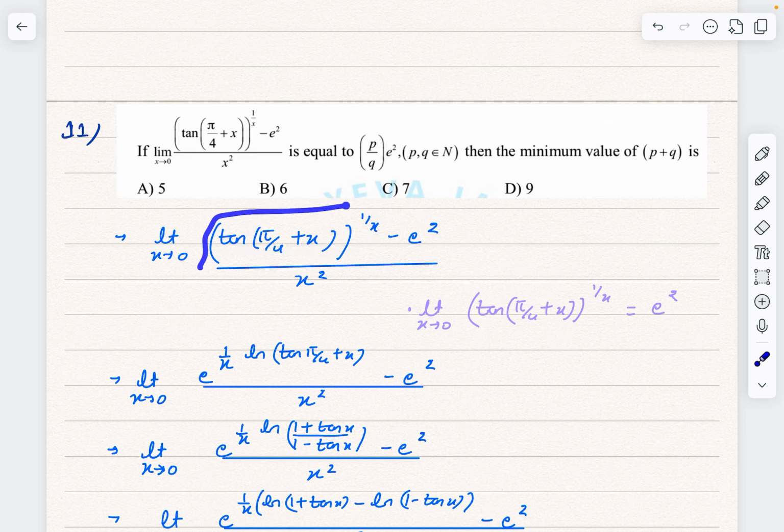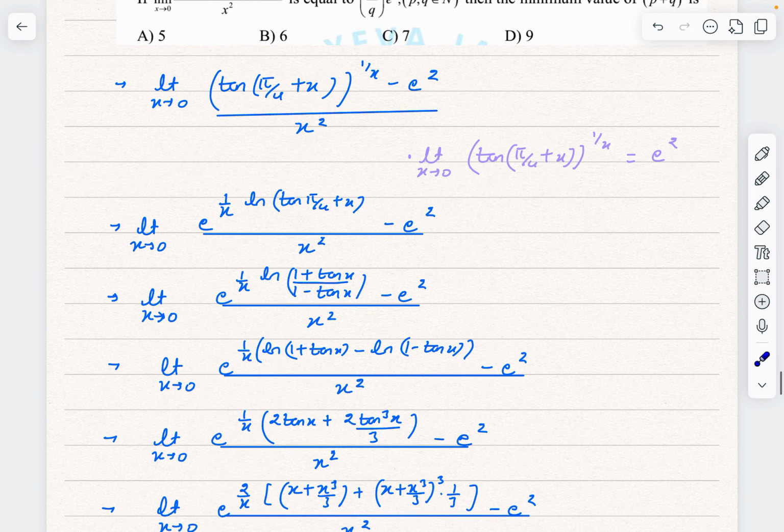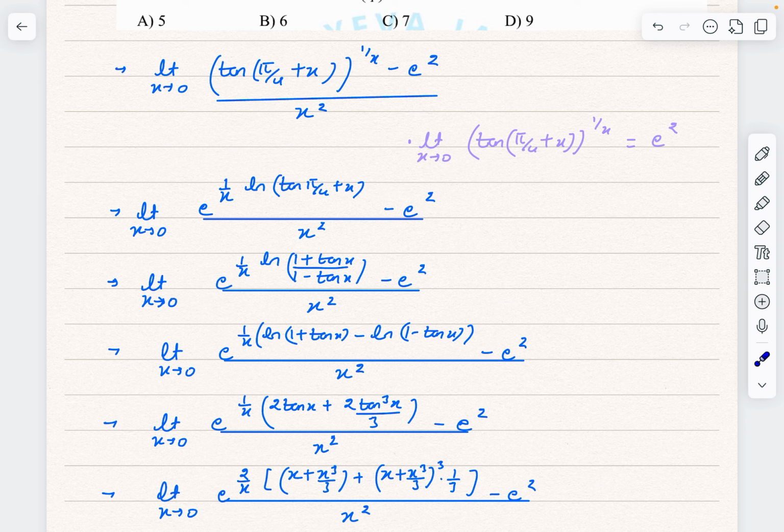So again, for a power function, I write it as e power b ln a. It's almost similar to the problem we discussed for the tan log (1 plus x) by (1 minus x). Here in place of x, we have tan x. So you get 1 by x ln of (1 plus tan x) by (1 minus tan x), minus e square, by x square. Again, split them: ln (1 plus tan x) minus ln (1 minus tan x).